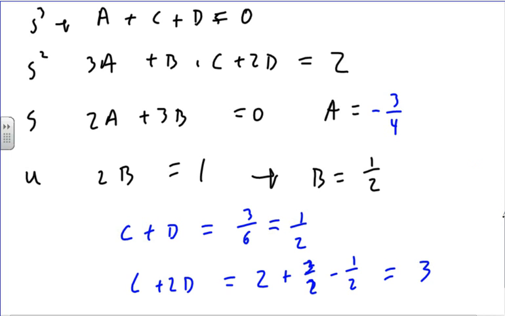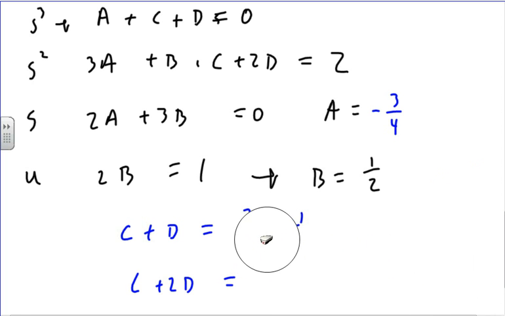Okay. Now that I have a as minus 3 quarters, I can do these guys again because a is in them. Okay, so now I have c plus d is 3 quarters. c plus 2d is 2 plus 9 quarters minus 1/2.